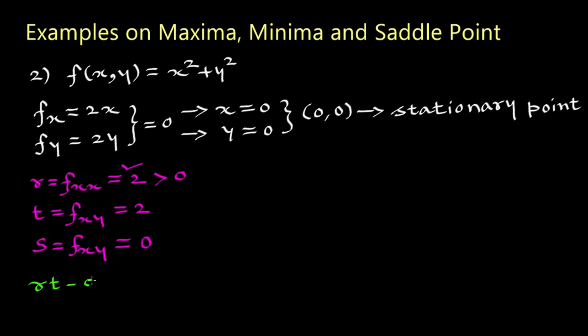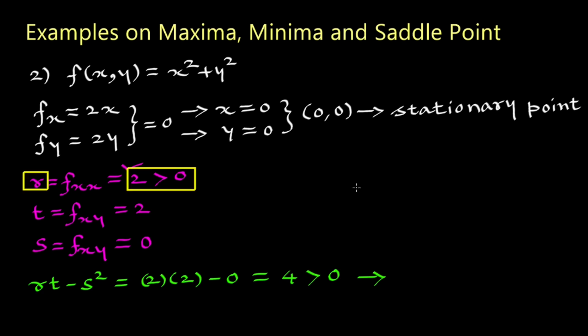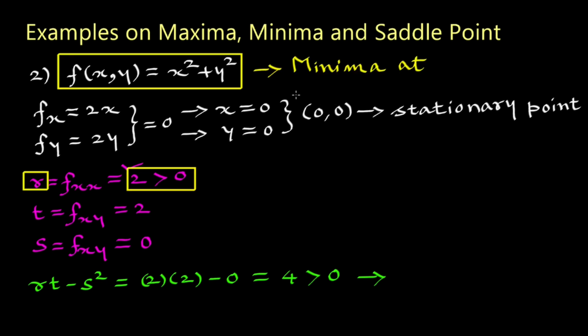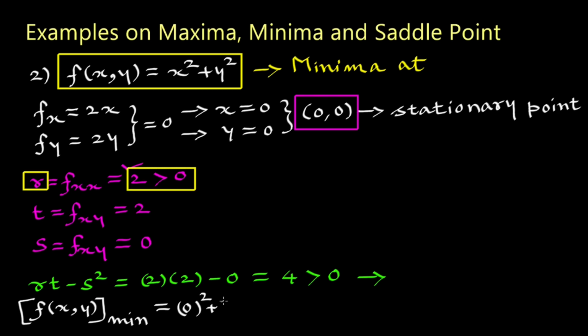Now rt minus s squared will be 2 into 2 minus 0, 4, positive, which implies the given function has maxima or minima, and since r is positive, the given function has minima at the origin, and the minimum value of the given function will be 0 squared plus 0 squared, which is 0.